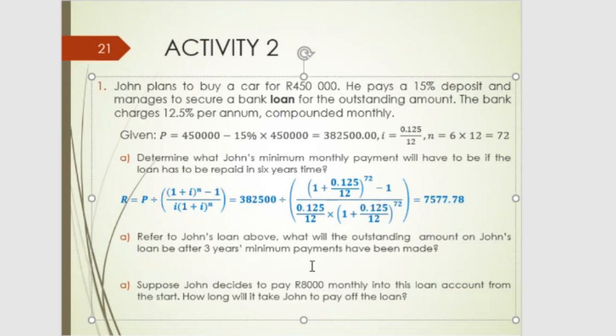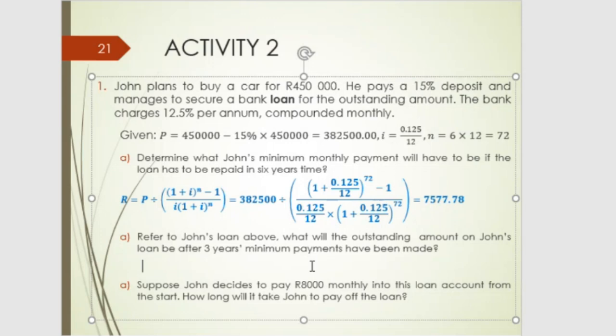This loan is supposed to be for 6 years. Maybe John got a bonus and wants to see what his outstanding balance is from that loan, so that maybe he can settle that balance or not. So you want to know that after 3 years paid, how much remains.